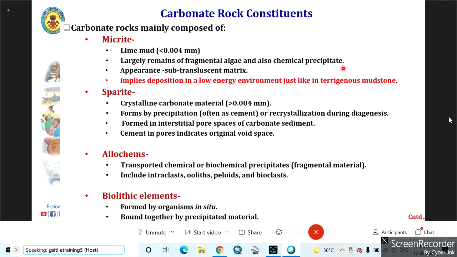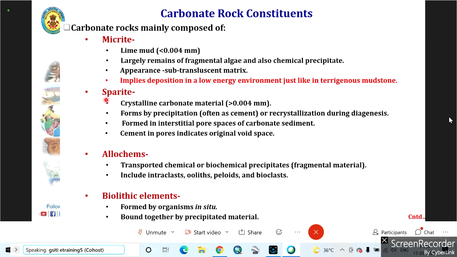The appearance of micrite under the microscope is sub-translucent, so that one can differentiate between micrite and sparite. Micrite implies deposition in a low energy environment, just like terrigenous mudstone.